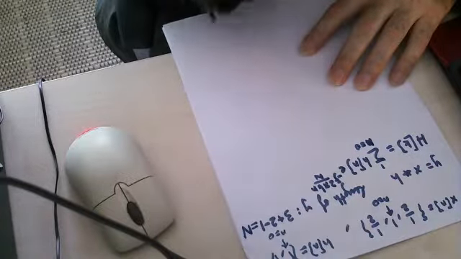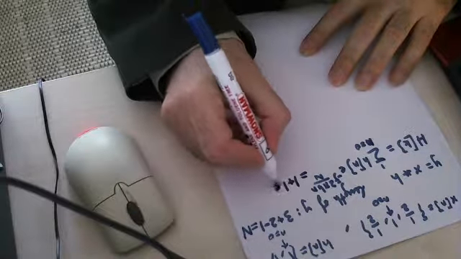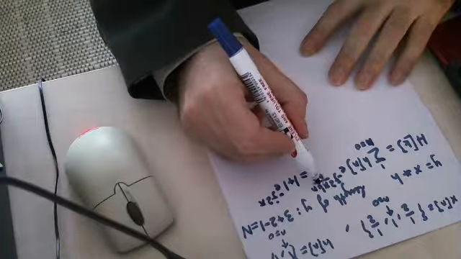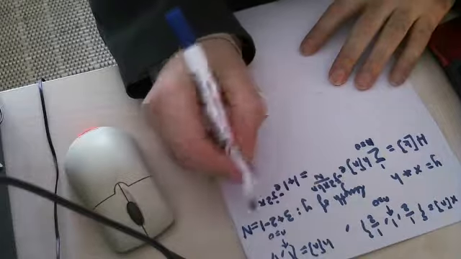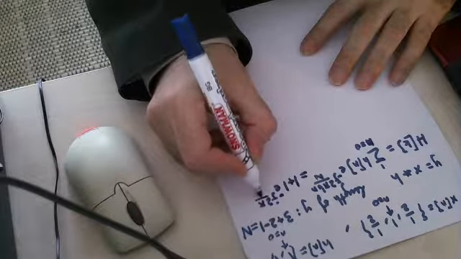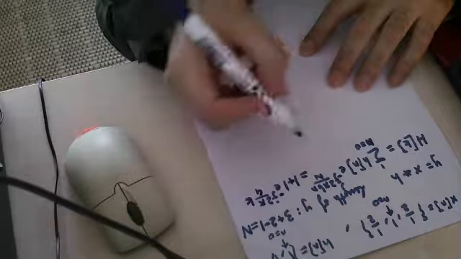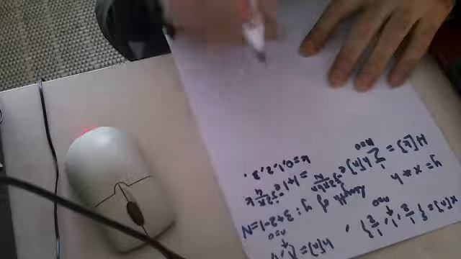N is 4. So it is 1 plus 1 times e^(-j2πk/4), where n is 1. Okay, so this is my H[k], and k goes from 0, 1 up to 3.